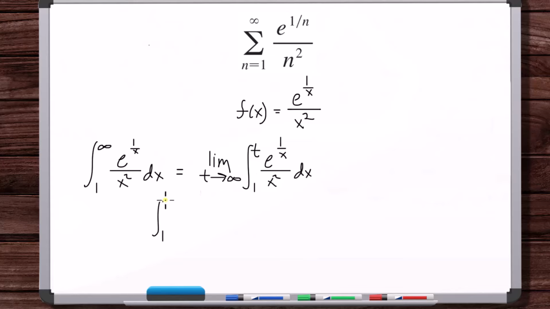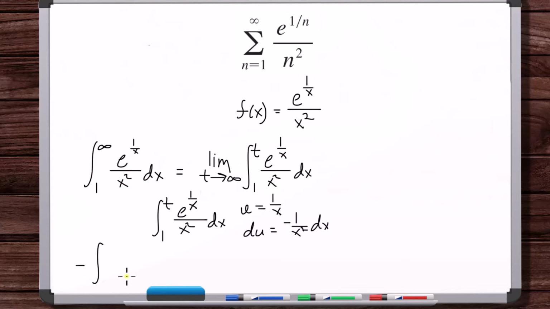Coming off to the side and doing this, if we say u is equal to 1 over x, then du is equal to minus 1 over x squared dx. So bring out that minus. When x is equal to 1, u is equal to 1. When x is equal to t, u is equal to 1 over t. And then we've got e to the u du, but then we brought out the minus sign.